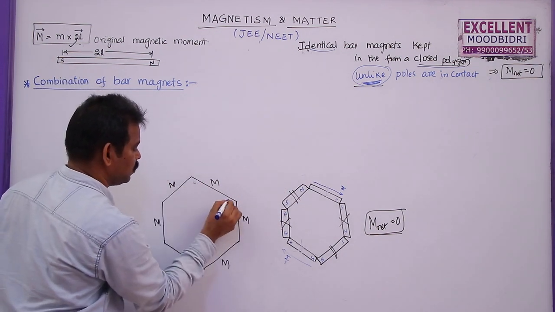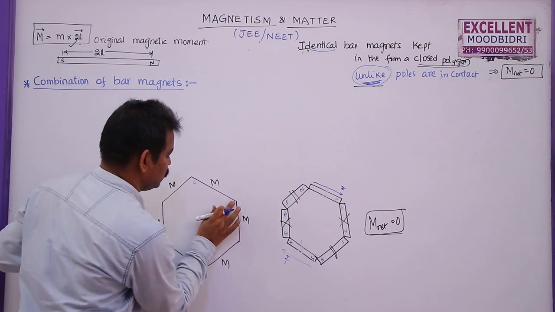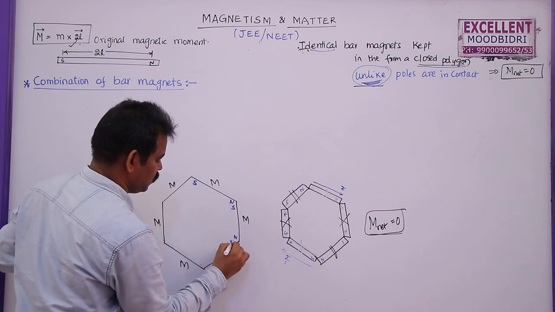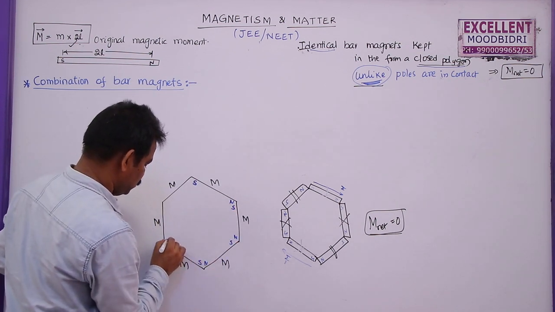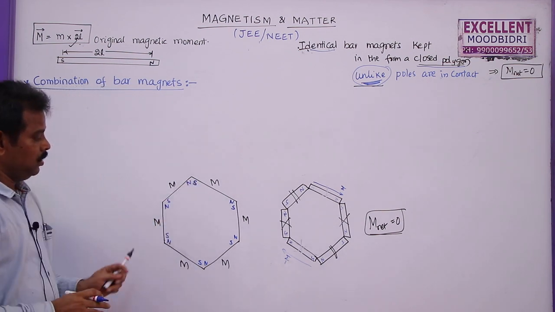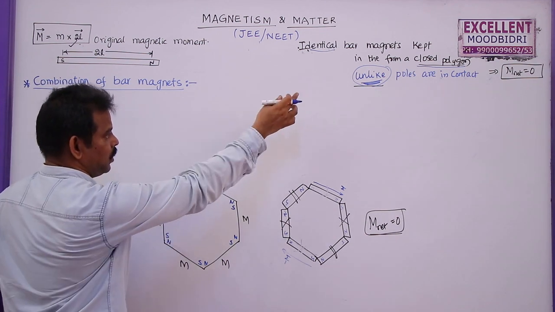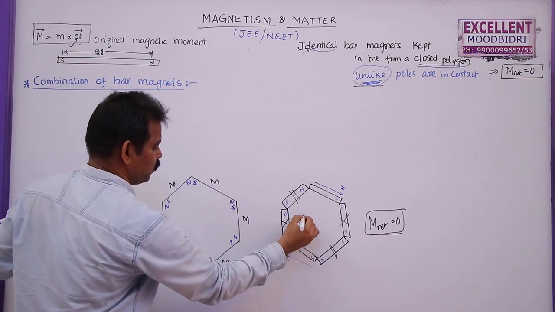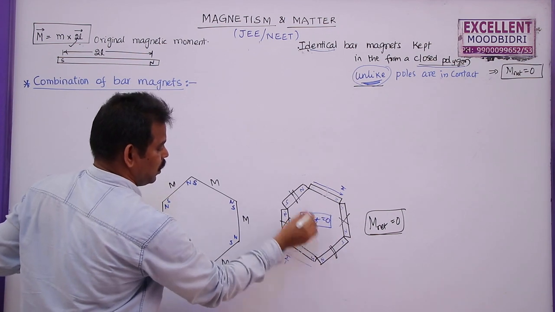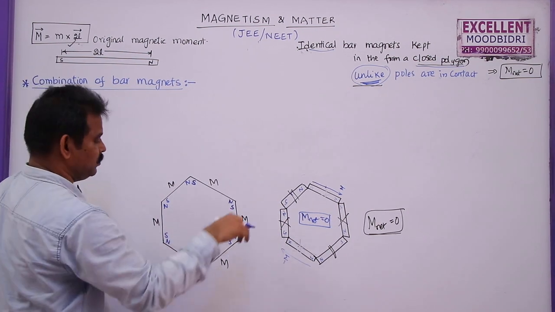South, north, south, north, south, north, like this. This is south pole, north pole, south pole, north pole, south pole, north pole, south and north, south and north, south and north. Then if they are arranged in a cyclic order with unlike poles together, the net magnetic moment here is equal to 0. Already proved it. Why? Because opposite magnets will have equal and opposite magnetic moments and they cancel with each other.